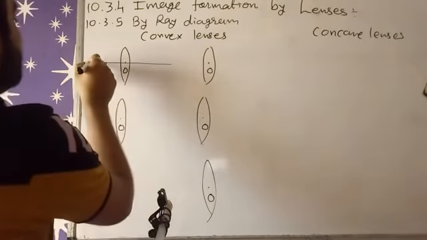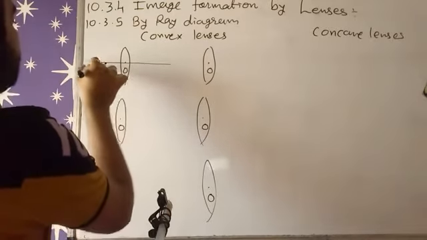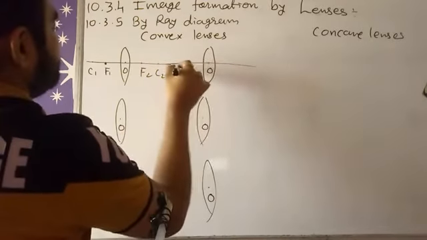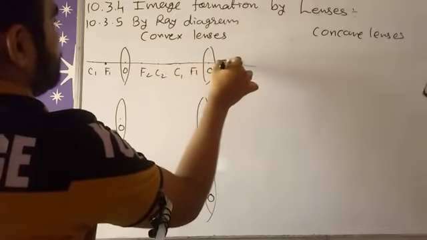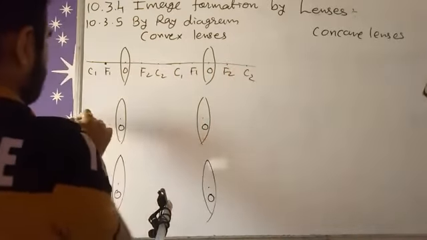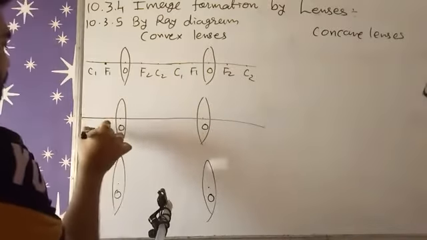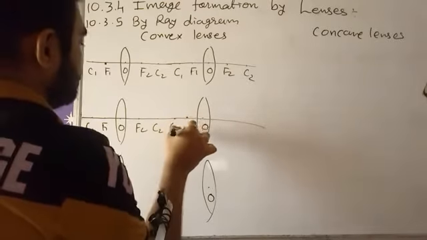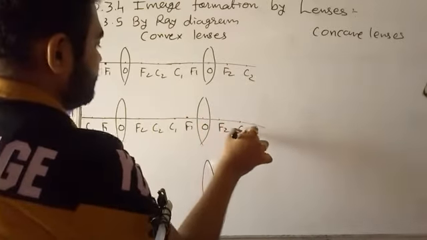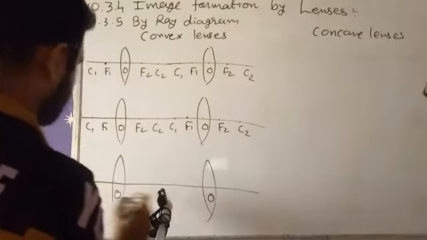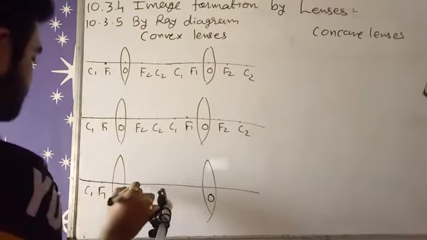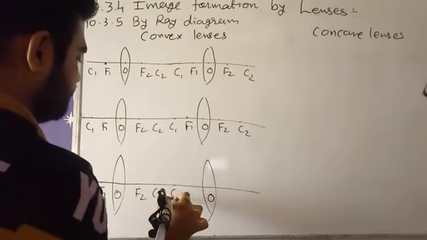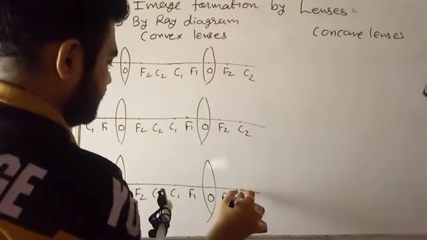On that principal axis we have four points: F1, C1, F2, C2, and similarly C1, F1, F2, C2, again on each principal axis.